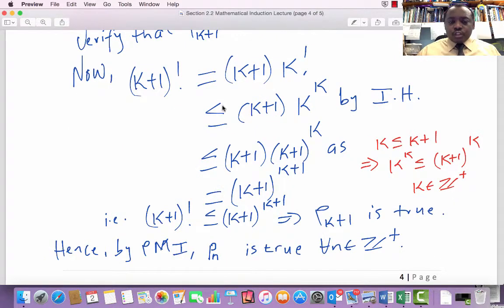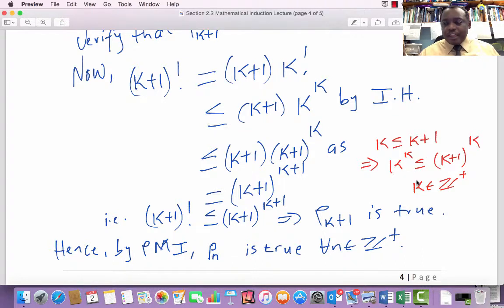But what does that mean to our inequality? k to the k is less than or equal to k plus 1 raised to the power k. So all of this becomes less than or equal to; we have not yet touched k plus 1, so it stays, but k raised to the power k becomes less than or equal to k plus 1 to the k.